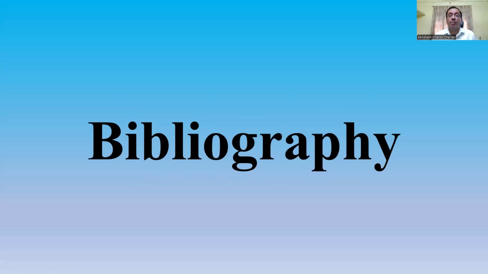Citations are a very important part of our research work because we must acknowledge all the sources that we use for doing our research. It could be a book, it could be an article, or it could be an interview, a survey, or a questionnaire that we do.